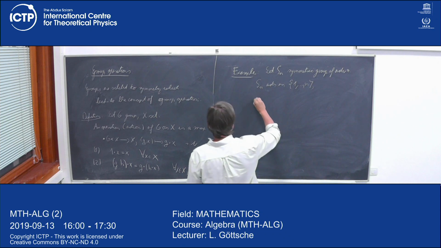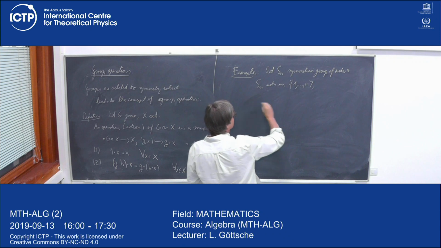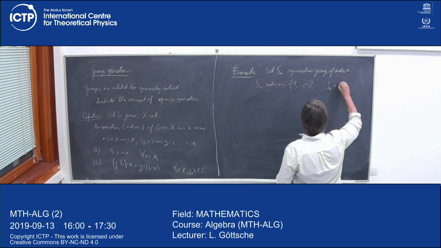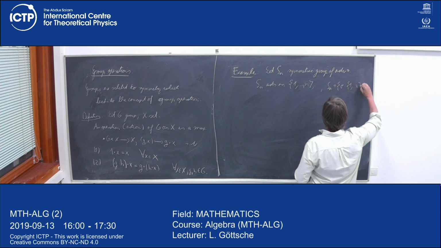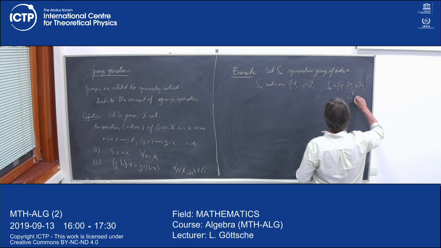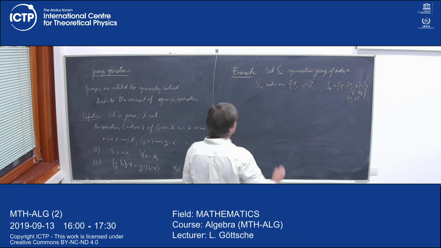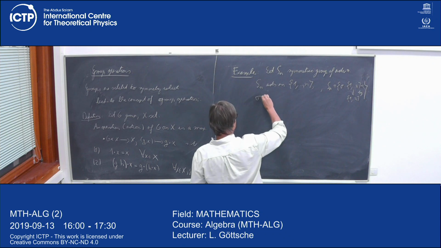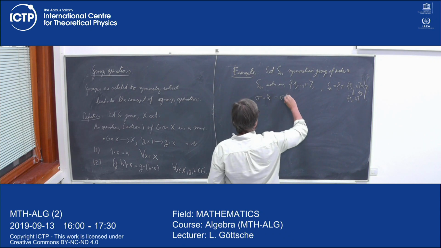Note that S_n is the set of all sigma from {1,...,n} to itself which are bijective. So sigma acts on a number k by sending it to sigma of k.